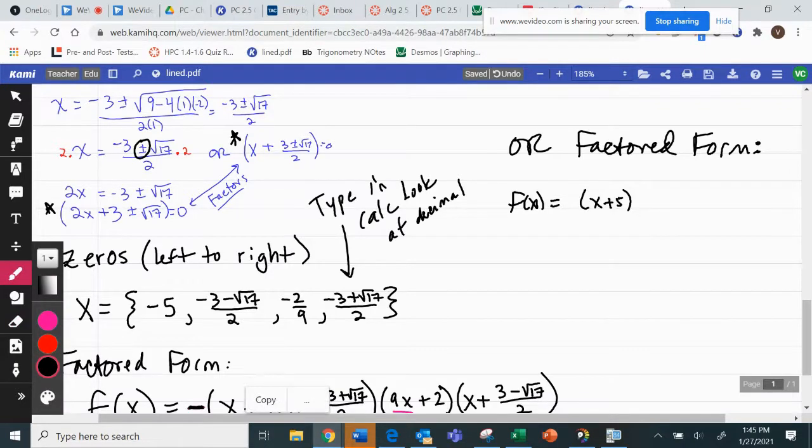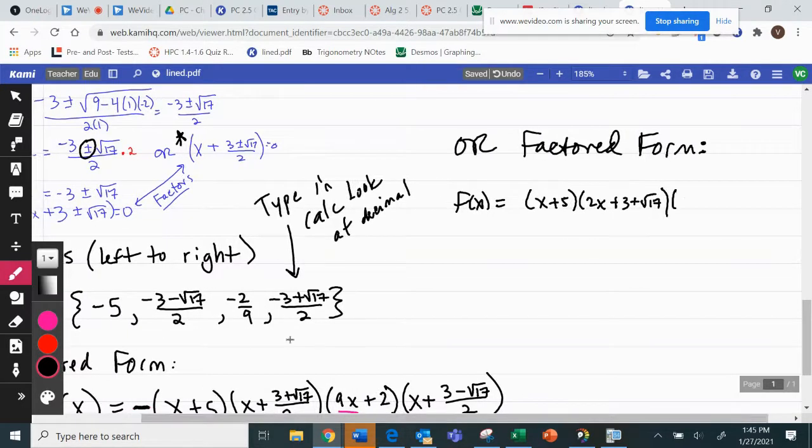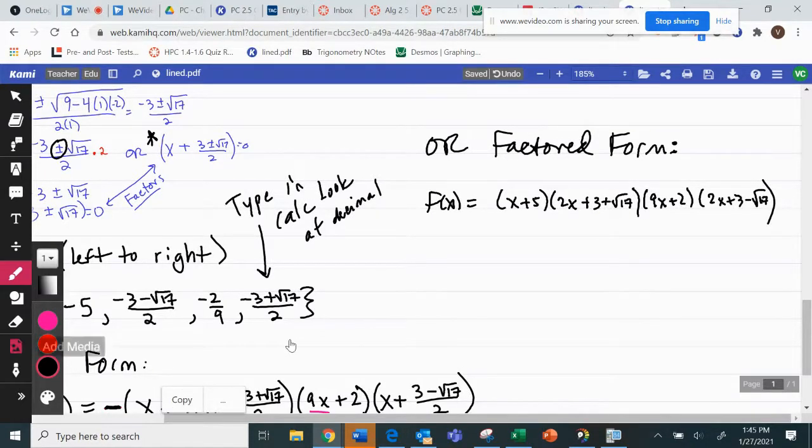And then the next 0 would be 2x plus 3 plus square root 17. Then we would have 9x plus 2. And then we would have 2x plus 3 minus square root 17. I ran out of space. No, I didn't. I just didn't scoot it over.